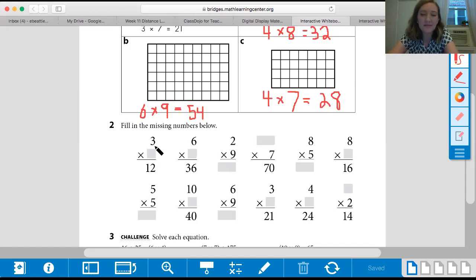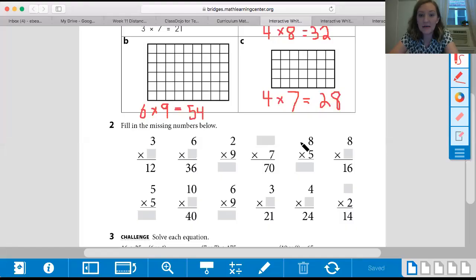But usually in class, we ask ourselves, 3 times what equals 12? So I want you to pause the video and go ahead and finish all of these multiplication equations now.